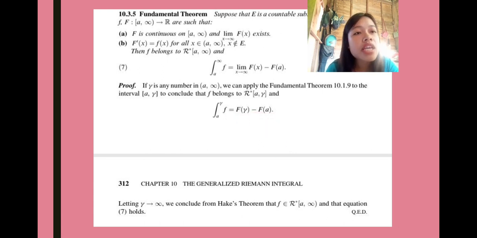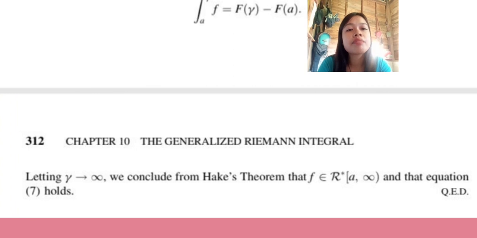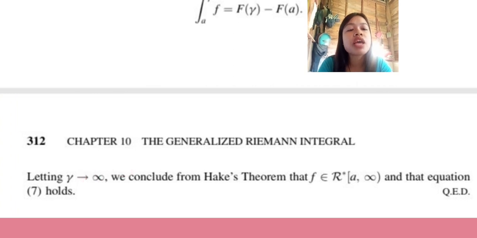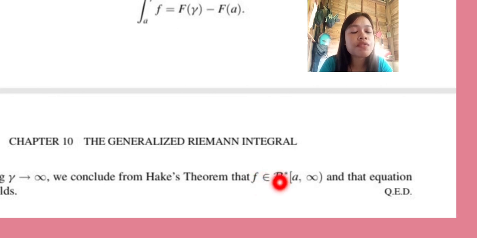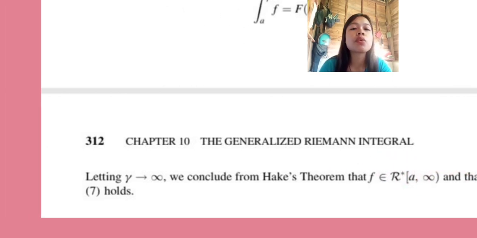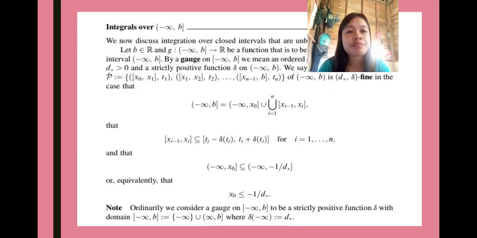Letting y approach positive infinity, we conclude from Hicks' theorem that the function f is an element of R[A, ∞), and that equation 7 holds.